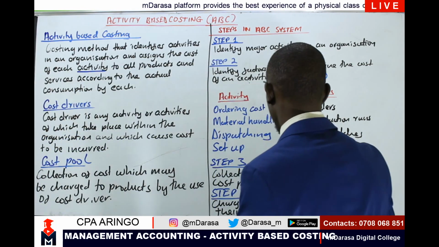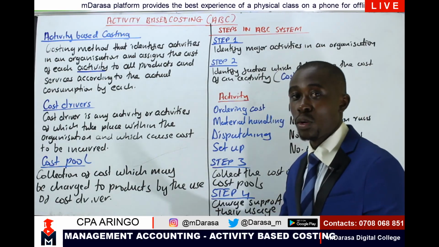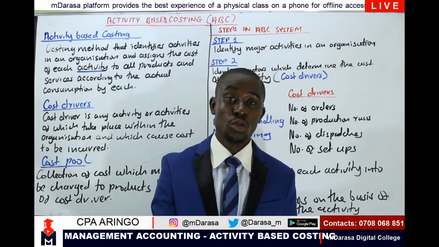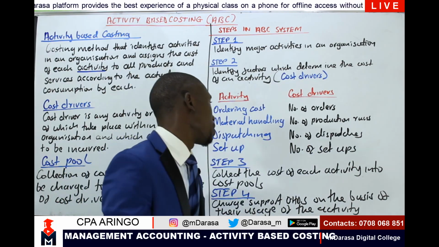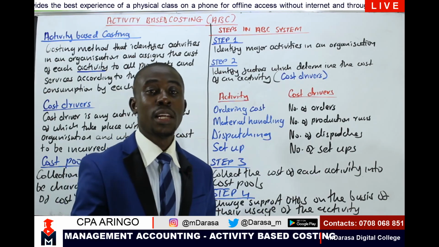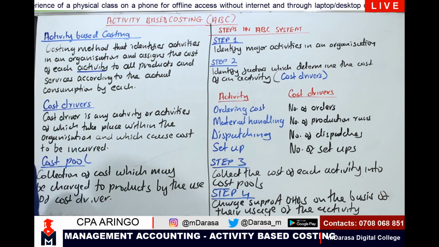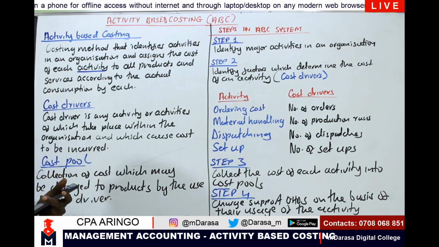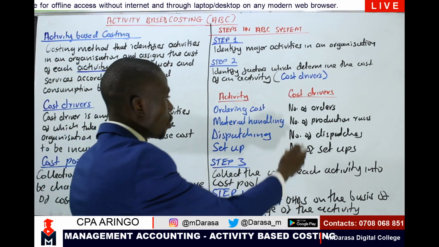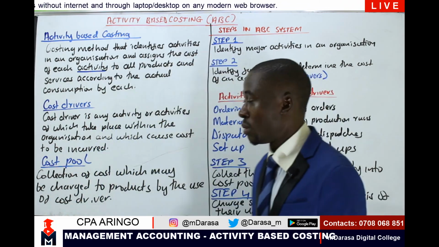Say, for example, the number of orders: for product A, how many orders will we be having? Or, talking of setups, for product A or product B, how many setups will we be having? That's why you are mentioning that the usage of an activity is measured by the number of the activity cost driver it generates. So after we identify the cost drivers, we also identify the number of the cost drivers that we'll be having.